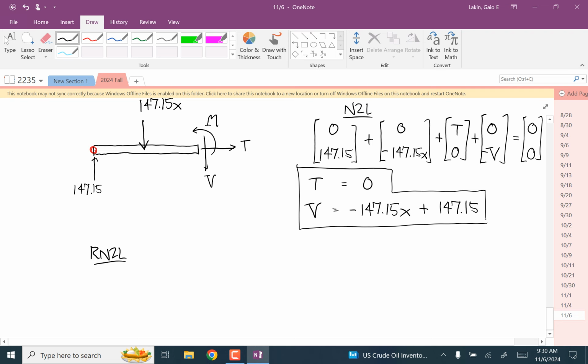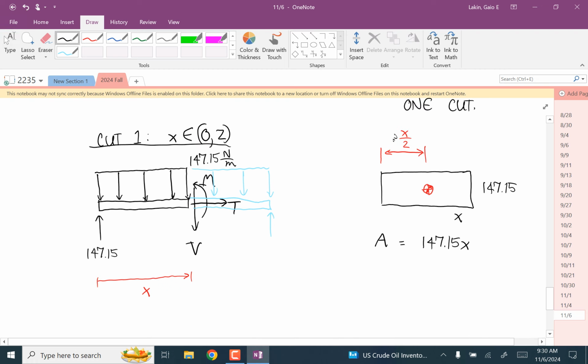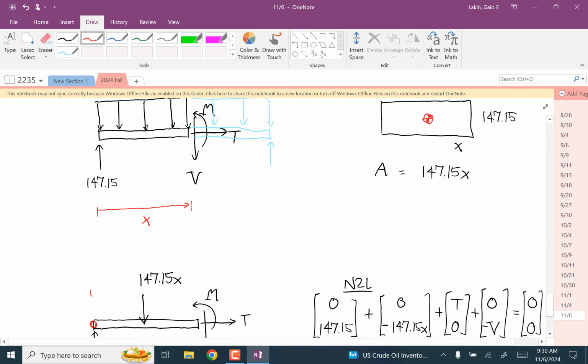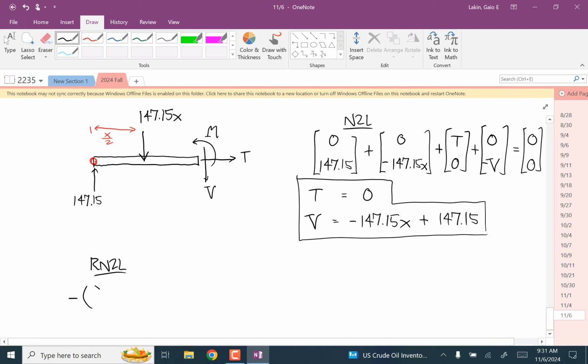So clockwise means it's negative. So we have negative. What's the moment arm? This distance here is x over 2. That's what we got from the centroid. And so we have negative x over 2 times 147.15x.